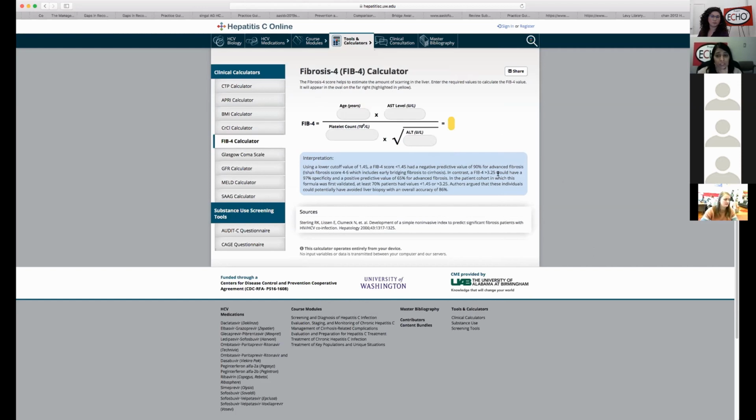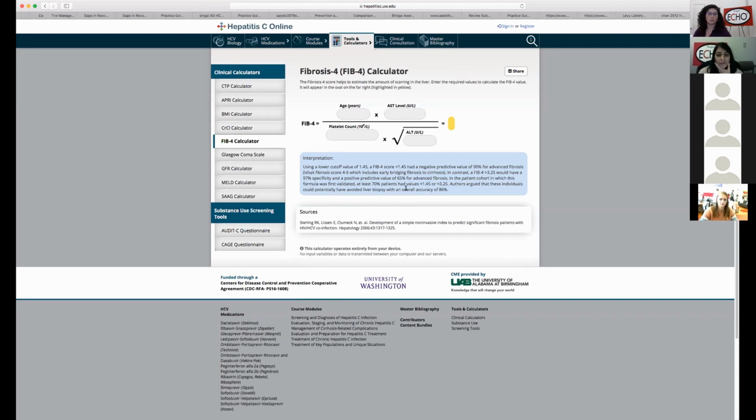If it's greater than or equal to 3.25, that's associated with more advanced fibrosis, meaning stage 3 or 4 fibrosis based on biopsy. We also know that patients with a FIB-4 score greater than 1.4 have increased mortality generally in the population. So if the score is less than 1.4, that's very helpful to say this person usually does not have very significant fibrosis.